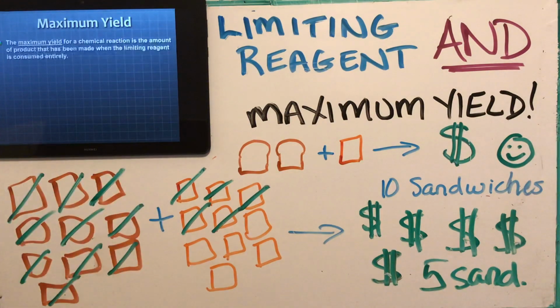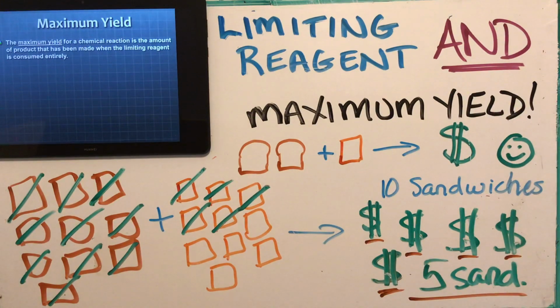The maximum yield for a chemical reaction is the amount of product that is being made when the limiting reagent is consumed entirely. So in the 5th sandwich, because we said we can make 5 sandwiches, when this 5th one was made, the last 2 bread were used up. So our maximum yield, given these amounts of reactants, was 5 sandwiches. 1, 2, 3, 4, 5.